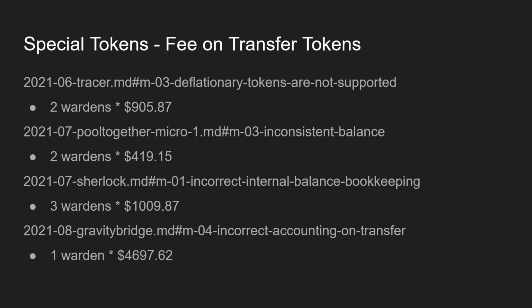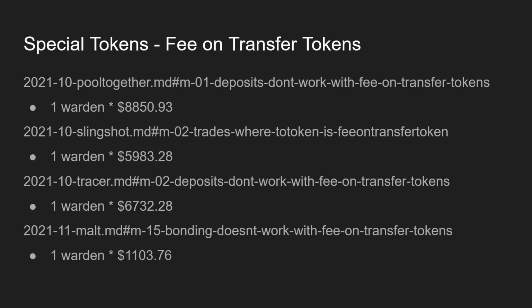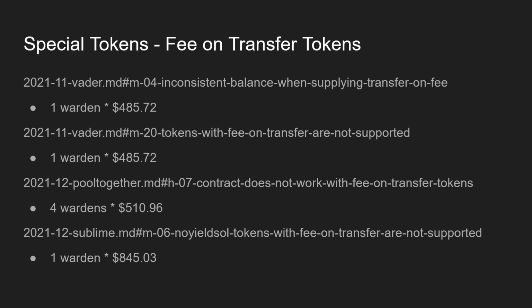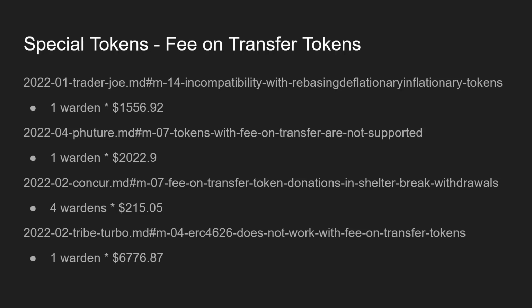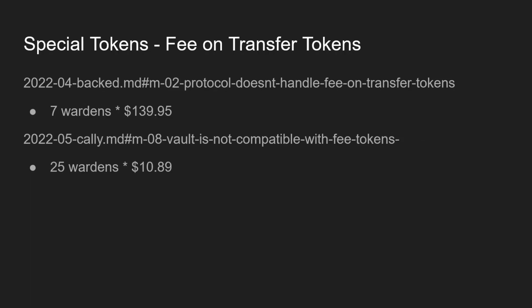But even so, payout has been pretty decent around fee on transfer tokens, even up to recently, where you can get a couple of $100s for mentioning it in an audit contest. But notably for our Kali audit, this was found by 25 wardens and the payout was just $10. So again, a noticeable drop in the pay due to the amount of competition now on Codearena.